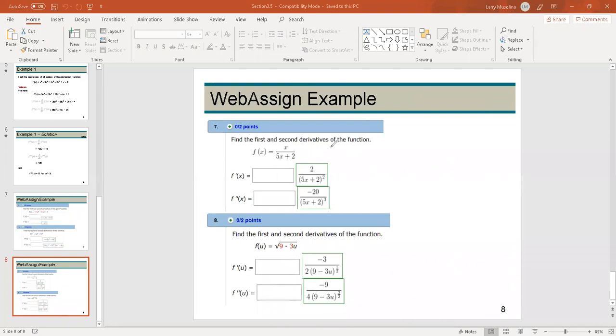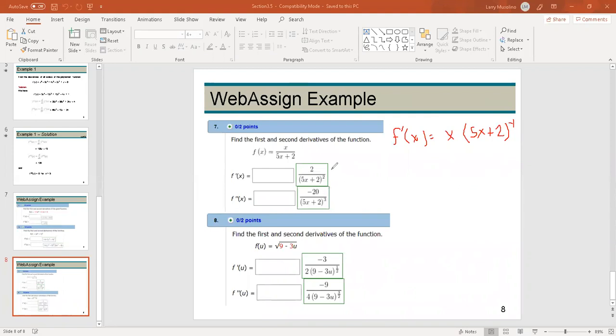What I could do is rewrite f of x to get rid of the fraction. The way I could do that is bring the denominator up to the top with an exponent -1. The reason I might want to do it this way is now I would use the product rule instead of the quotient rule. And the product rule is a little easier to work with versus the quotient rule, but you could do it either way, of course, and get the same answer.